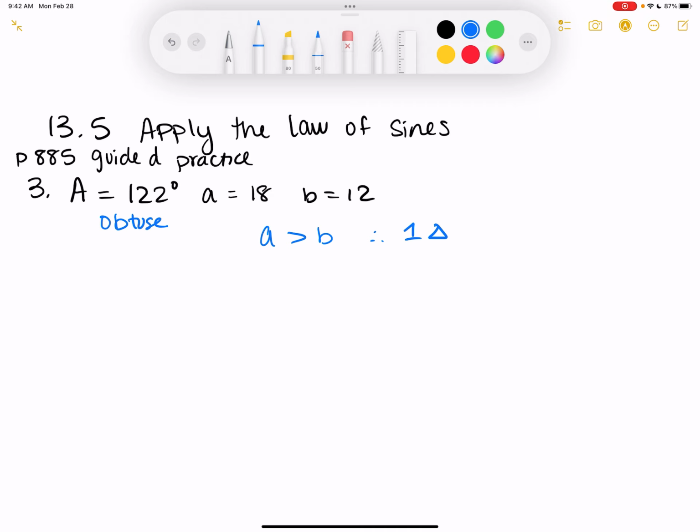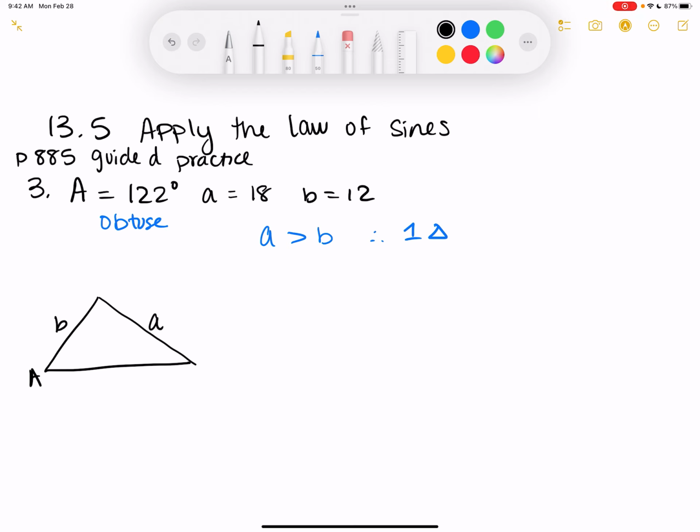I guess I didn't draw the triangle in this one. I don't know why I didn't, so we're going to draw it. Your triangle is basically something like this. Okay, we're given angle A. Side A has to be opposite from it. And then B is going to be this closest.